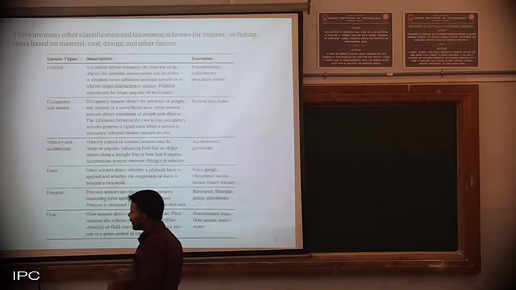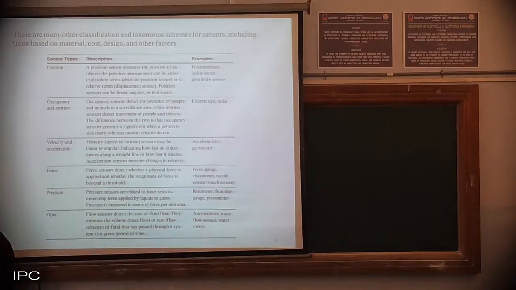And the occupation and motion sensors. In order to measure occupation and motion, especially in a particular room where occupancy is there, those sensors are the motion sensors. For vehicle speed, there is also the interceptor that the traffic police use in their vehicles; that interceptor is a motion sensor.